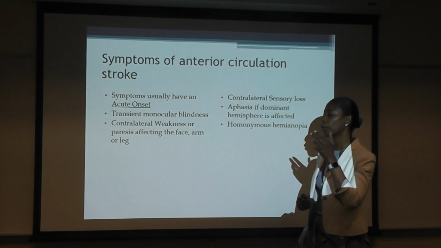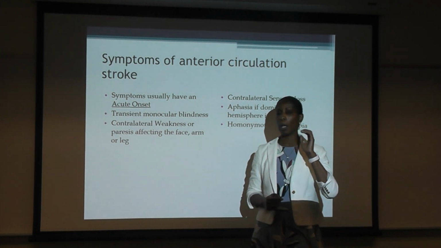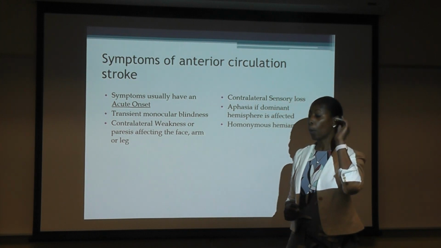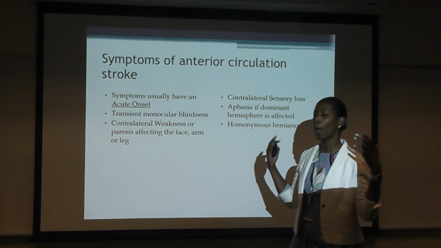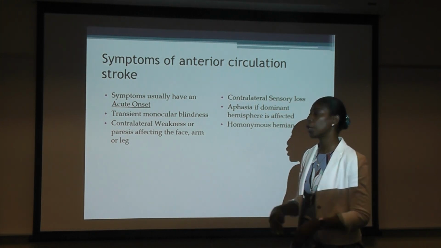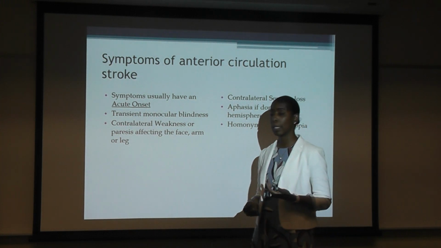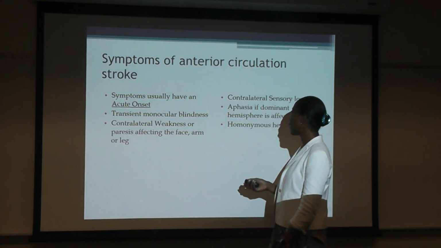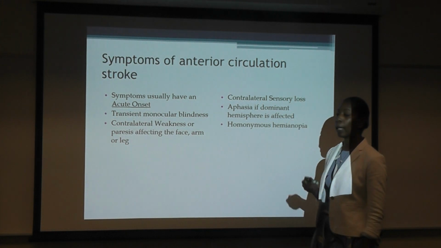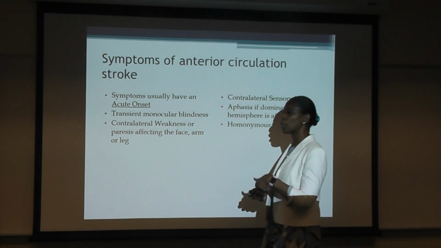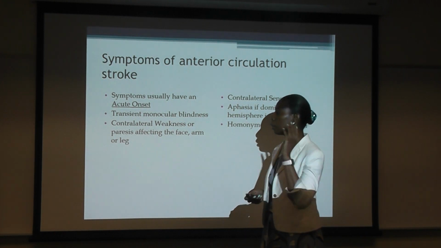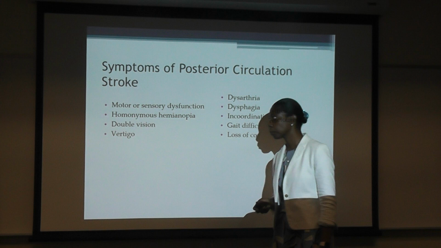The vertebral arteries, the basilar arteries, and the posterior cerebral artery, those are all posterior circulation, feeding the cerebellum and the brainstem. Okay? So contralateral weakness, again, arm, face, sensory, they can have aphasia. Remember, your speech centers are in the anterior aspect, the cerebral hemispheres.